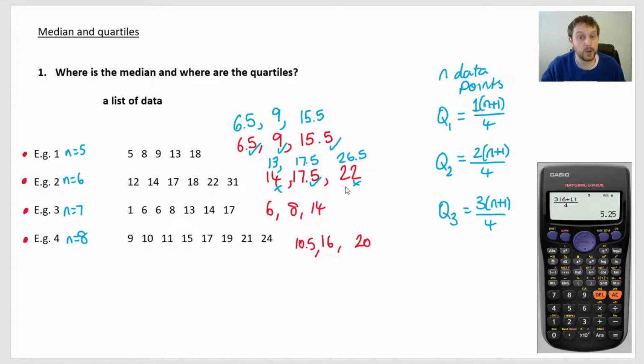The method you use in the exam is either of these methods. Just be consistent. Now, I'm actually not going to bother with the n is 7 and n is 8 case. It turns out you'll get 6, 8, and 14 in blue, and then 10.5, 16, and 20 in blue. The only time that you don't get the same answer anyway is if you have 2 more than a multiple of 4.